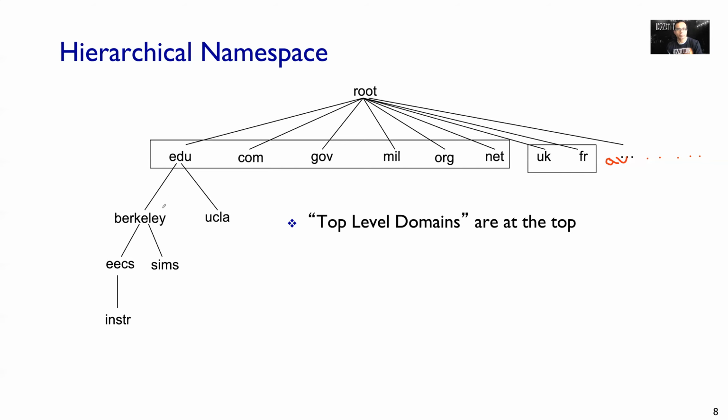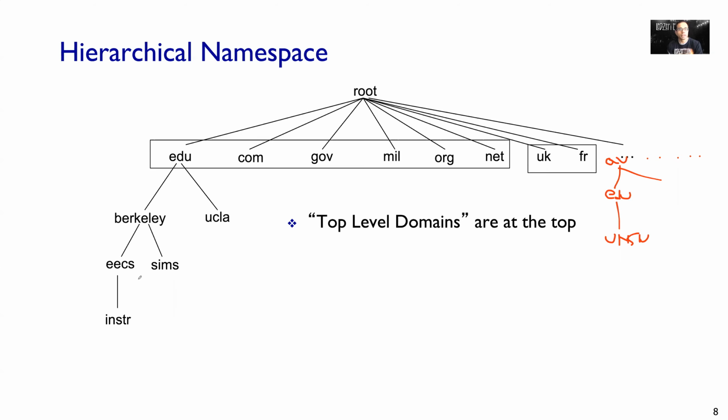Then below that, we have the organizations. As an example, Berkeley is a university in the US. So it sits under EDU. Below AU here, we have, again, EDU. There might be others. And then below that here, we have UNSW effectively, right? So similar mechanisms would work.